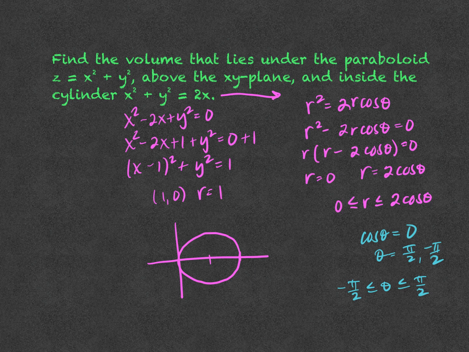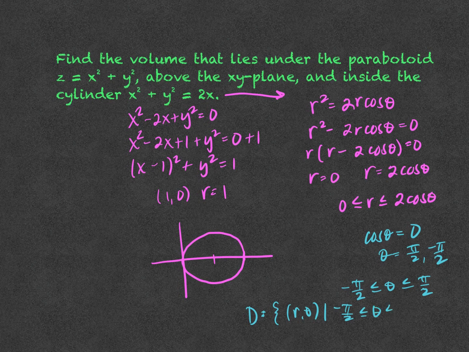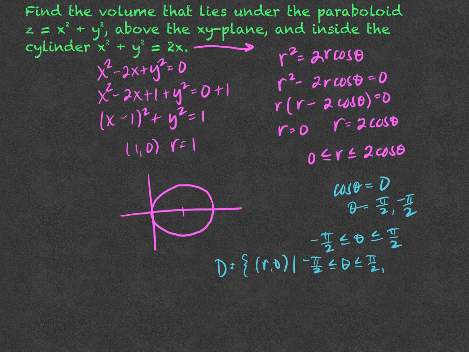So that gives us our region. So we have D, the region, is the set of points (r, theta) such that negative pi over 2 is less than or equal to theta, which is less than or equal to pi over 2, and 0 is less than or equal to r, which is less than or equal to 2 cosine theta.